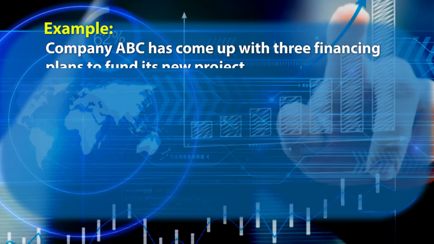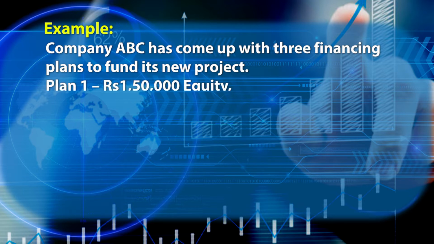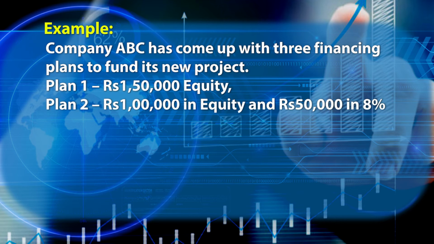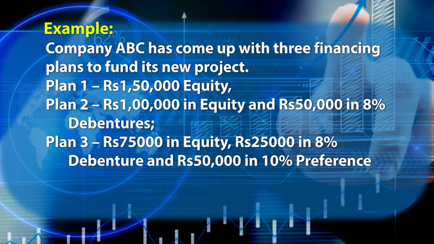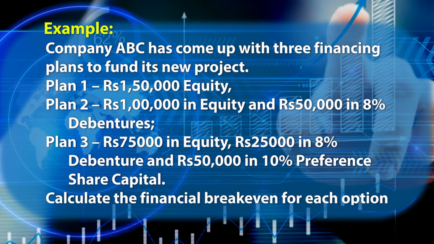Company ABC has come up with 3 financing plans to fund its new project. Plan 1, rupees 1,50,000 equity. Plan 2, rupees 1 lakh in equity and rupees 50,000 in 8% debentures. Plan 3, rupees 75,000 in equity, rupees 25,000 in 8% debentures and rupees 50,000 in 10% preference share capital.